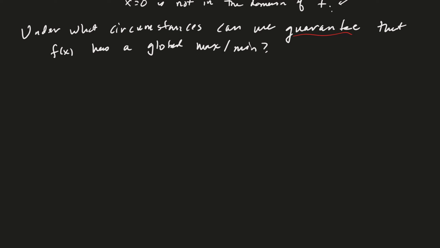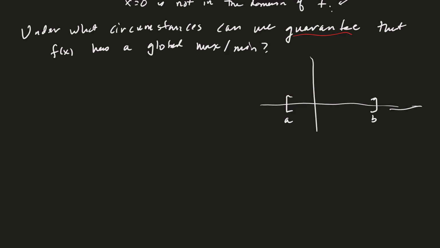Well, it's actually pretty simple. f doesn't really need much. The idea is that if you consider a function f on a closed interval from a to b, notice that I'm using square brackets to denote that the endpoints are included in the domain, then all we really need is that the function is continuous.